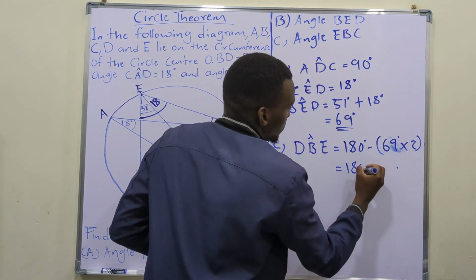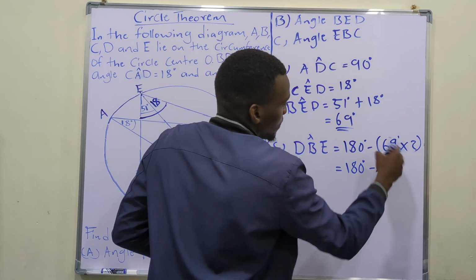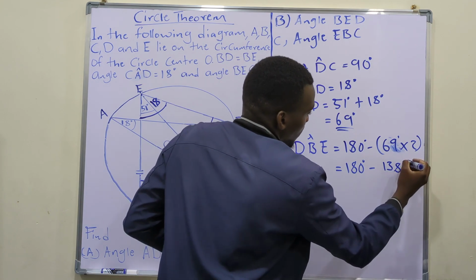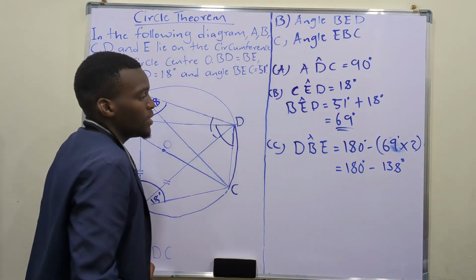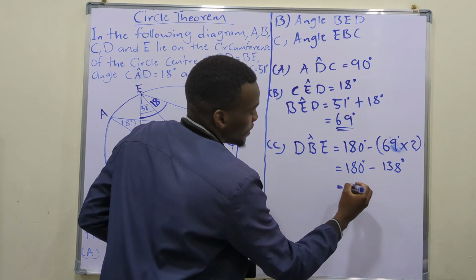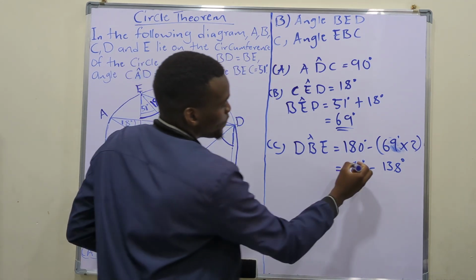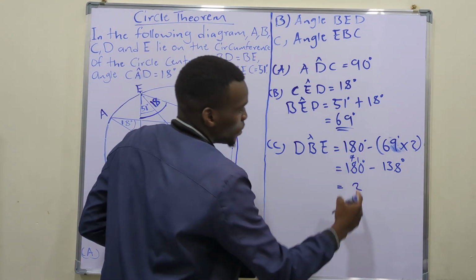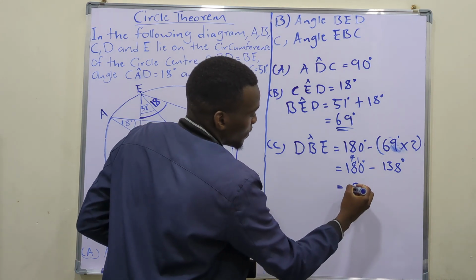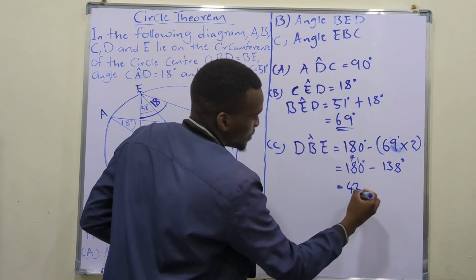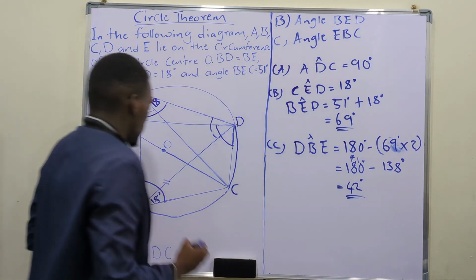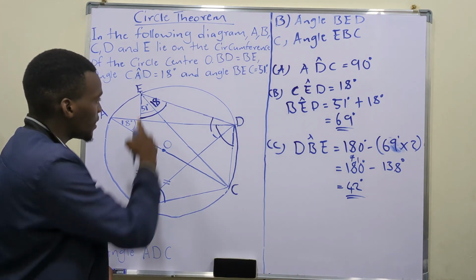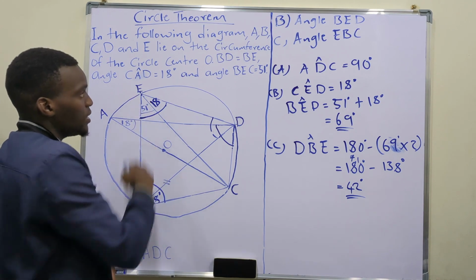We have 180 degrees minus 138 degrees. 180 minus 138 degrees will give us, 0 minus 8 we borrow, so this one will be 2, and then 7 minus 3, you have a 4. 1 minus 1 is 0, so it's 42 degrees. So here we have 42 degrees. We can now add these two angles and come up with the entire angle, which is EBC.